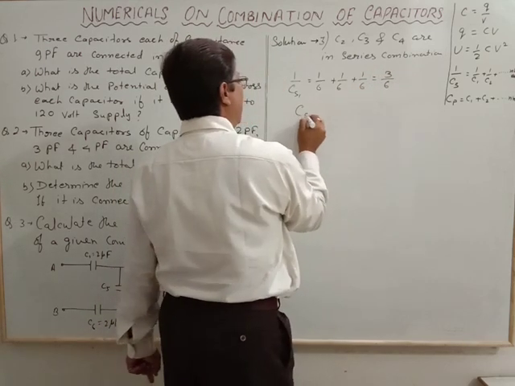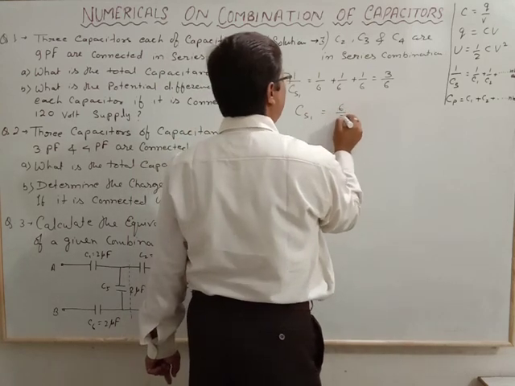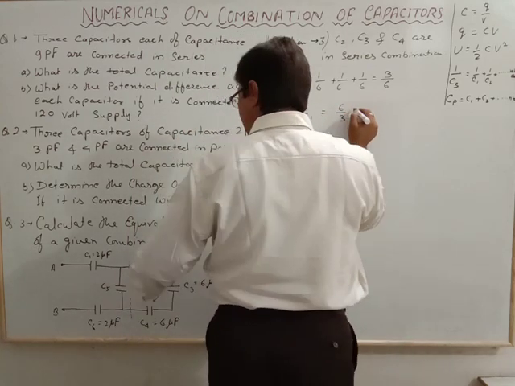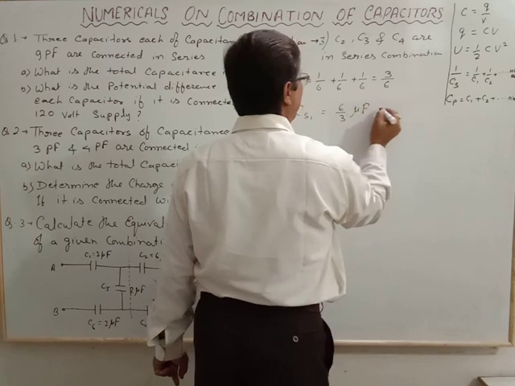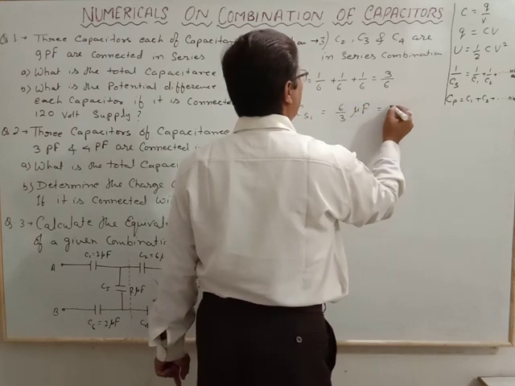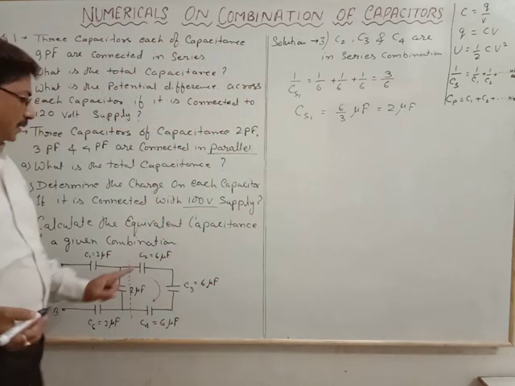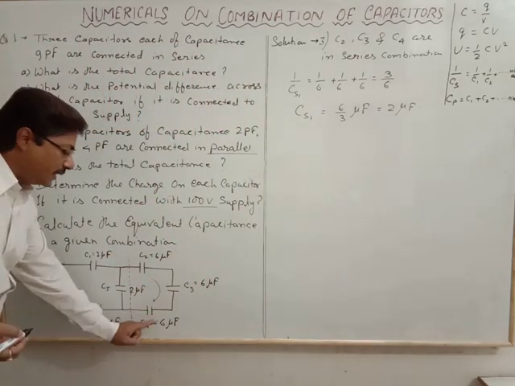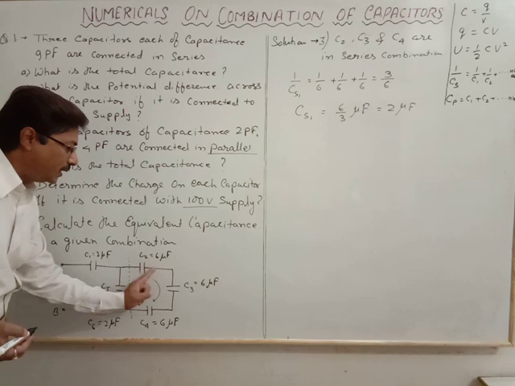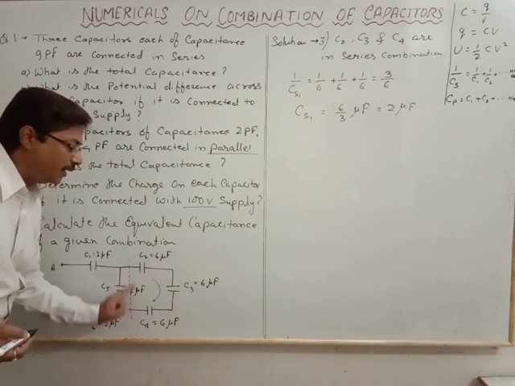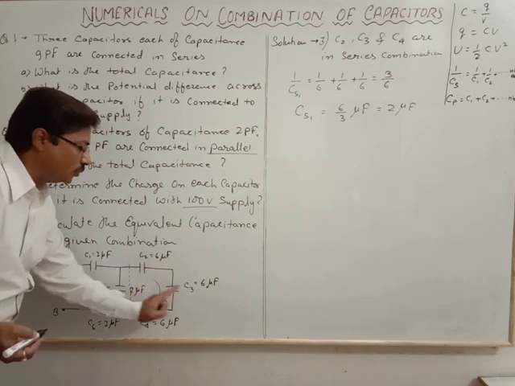Or CS1 is equal to 6 by 3 microfarad, which may be written as 2 microfarad.